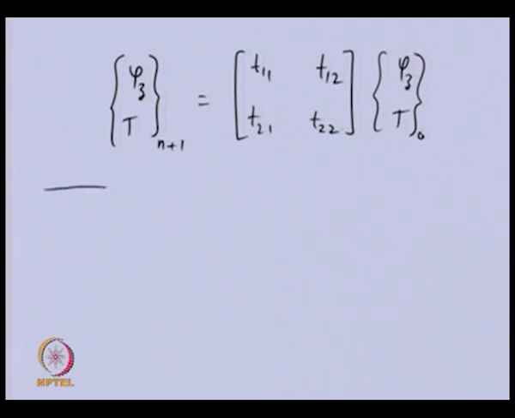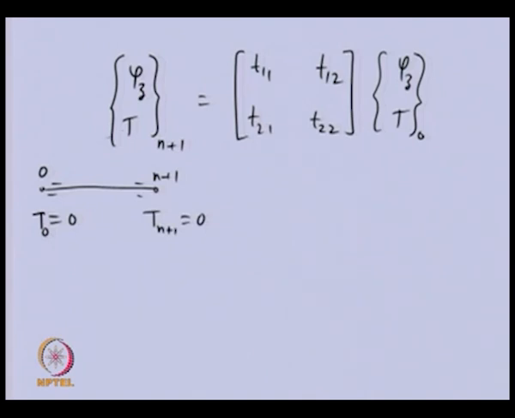Now, for the free boundary condition, let us say this is 0 station, this is n plus 1 station. Because it is free, the torque at 0 station will be 0, and at n plus 1 station also it will be 0. So, this is the boundary condition of the free rotor system.